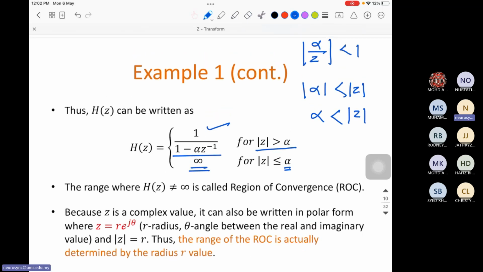Now, the range or region where H of z is not equal to infinity is called the region of convergence, that is ROC. In this case, the region is where mod of z is greater than the alpha value.